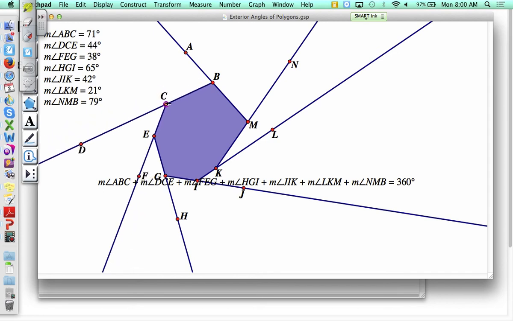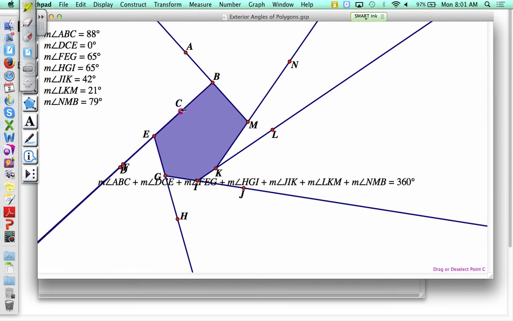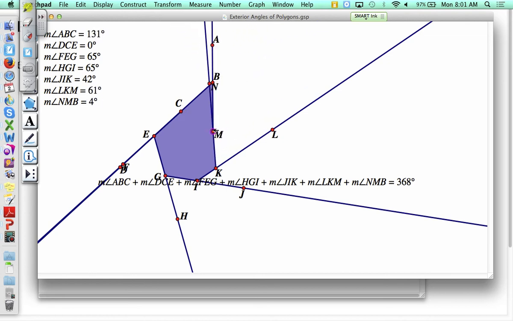So if I collapse this and make it one side, well, now it's a hexagon. Notice that my sum is still 360. Let's collapse another side. Oh, well, it's not perfectly collapsed, but you get the idea. It's still 360.